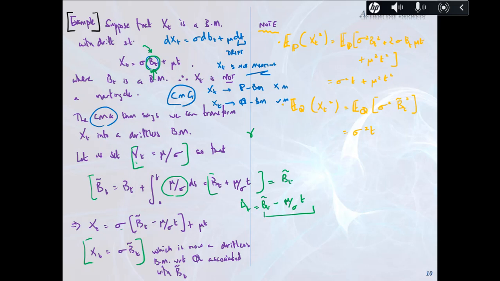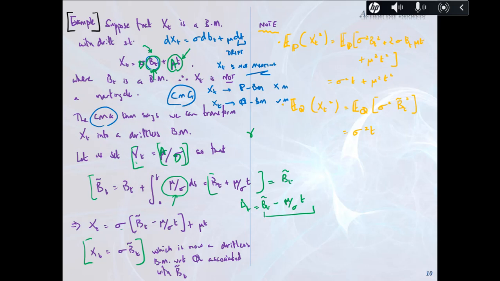I have used a previsible process gamma in such a way that I've eliminated that mu. That's why I've been using mu over sigma. If this was A and this was D, it would have been A over D. Now I have Xt equal to sigma Bt tilde, which is a Brownian motion defined under the probability measure Q. Good.